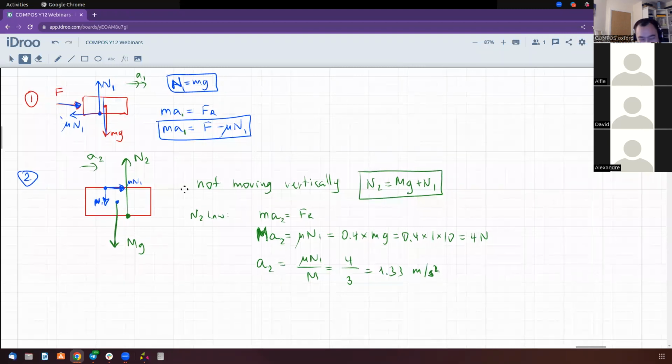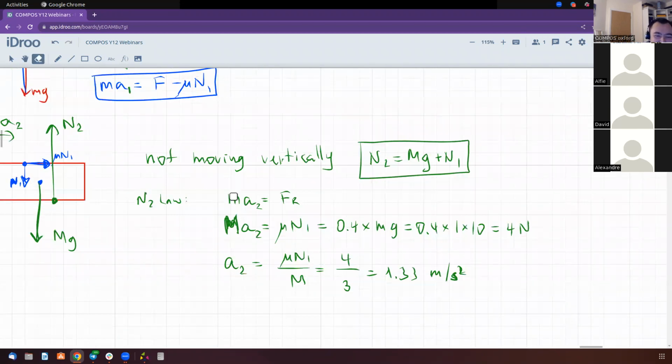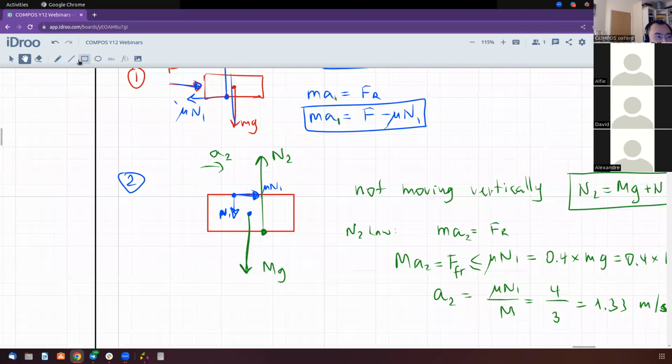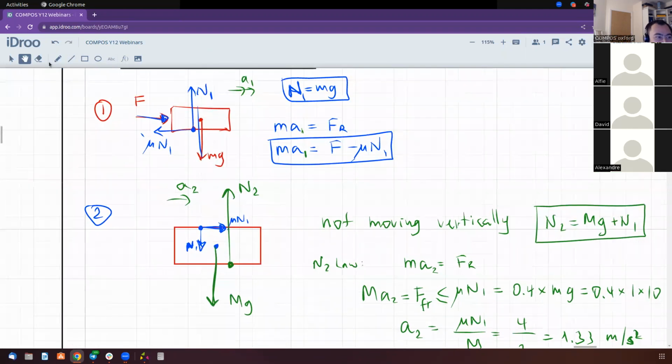Sorry, I'm jumping a little bit ahead of myself. I should have said that mass times acceleration A2 is equal to the friction force, and the friction force is less than or equal to mu N1, because we don't know whether it's sliding or not. Therefore, we can't say that it's equal to mu N1.